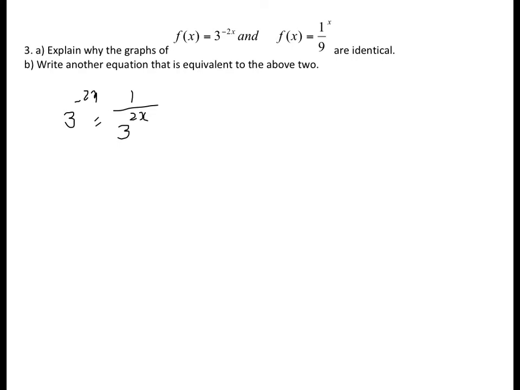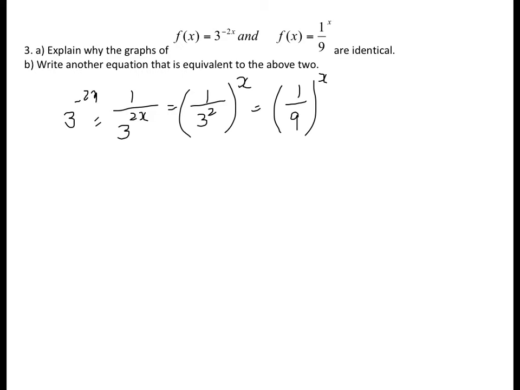When you flip the base, the exponent changes sign. This one I can write as 1 over 3 exponent 2, the whole thing exponent x. Remember that 1 exponent x is going to give you 1, so nothing is changed. But 1 over 3 exponent 2 is the same as 1 over 9, so this becomes the same equation.